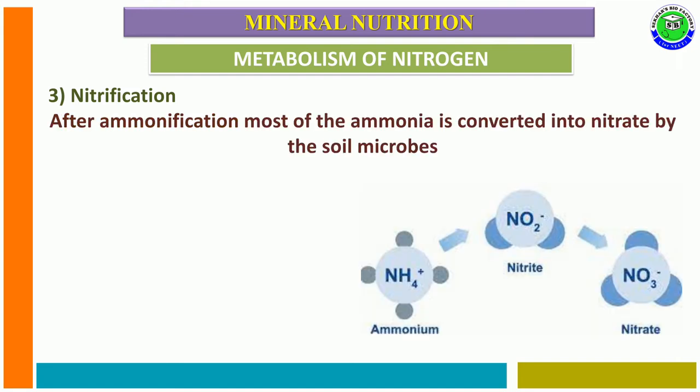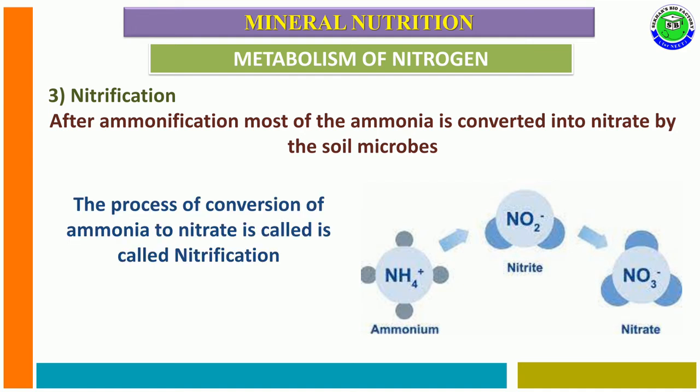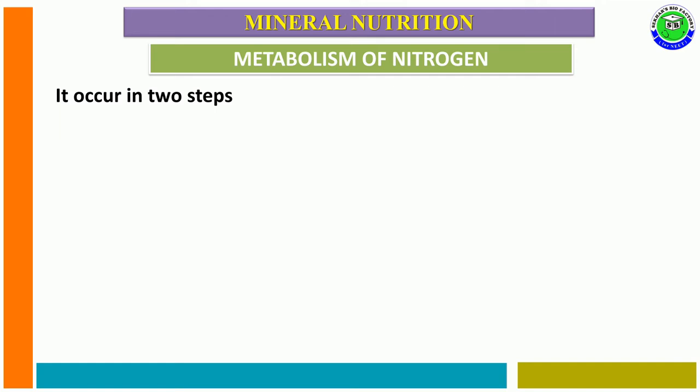nitrification. After completion of ammonification, most of the nitrogen present in the form of ammonia is converted into nitrates by various soil microbes, which is called nitrification. This process of conversion of ammonia into nitrates mainly occurs in two steps.